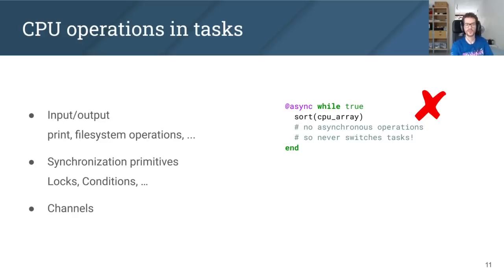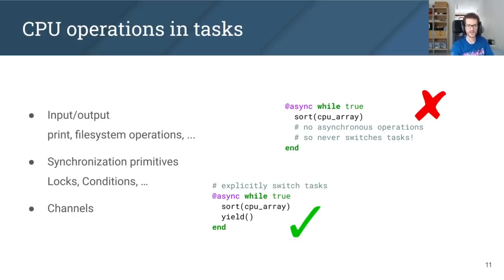There are workarounds, however. You could insert a manual yield point, which will give other tasks the opportunity to execute when you call that function. It is always better to use high-level primitives like channels, but this may be a way out if there's no alternative. You could also use a dedicated thread to perform the computations on, but more on that at the end of this talk.